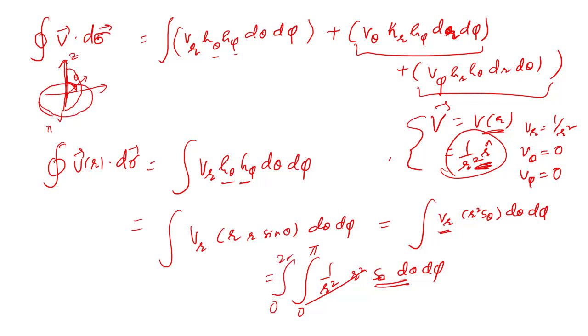So the integration for phi is easy. 0 to 2 pi d phi simply gives you 2 pi.